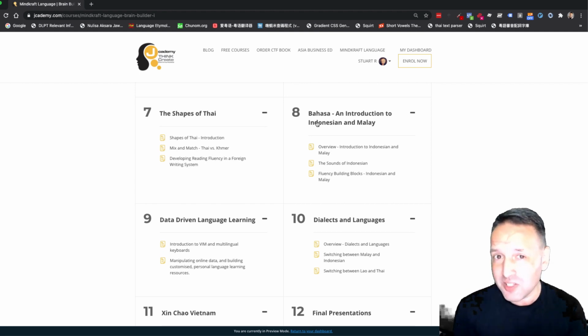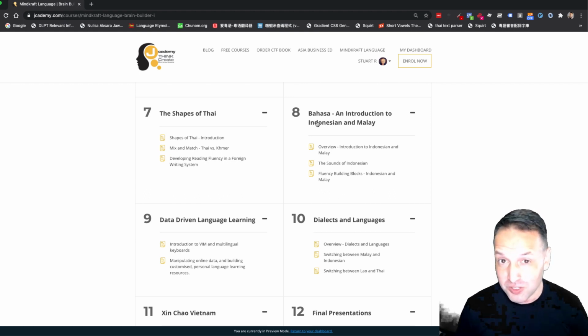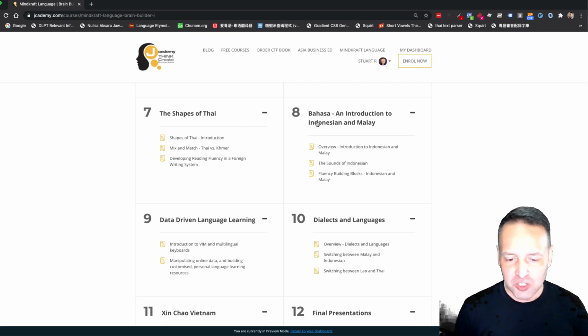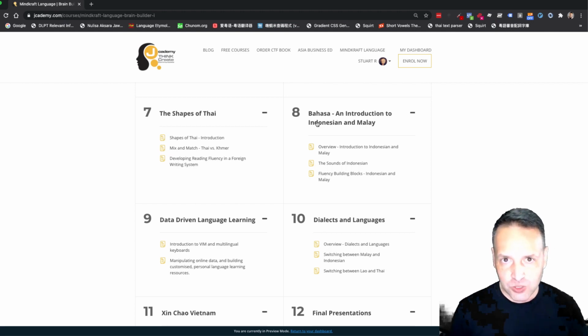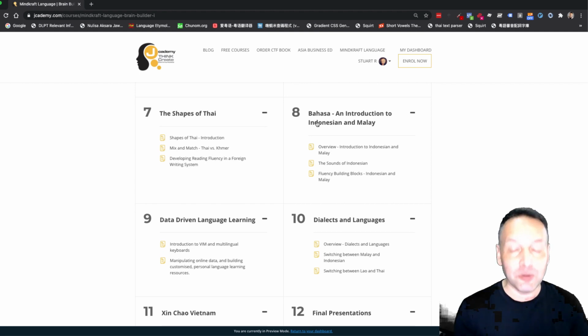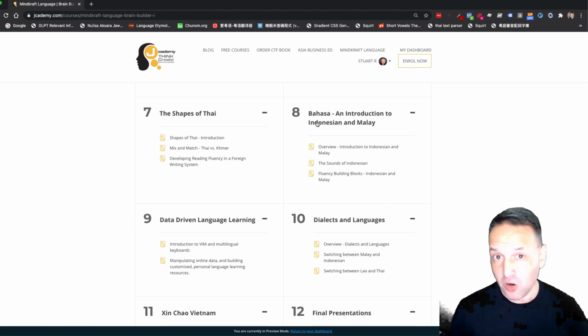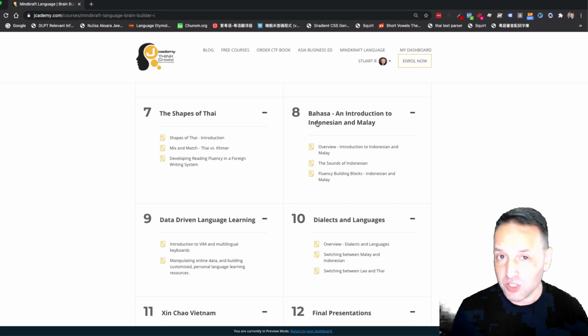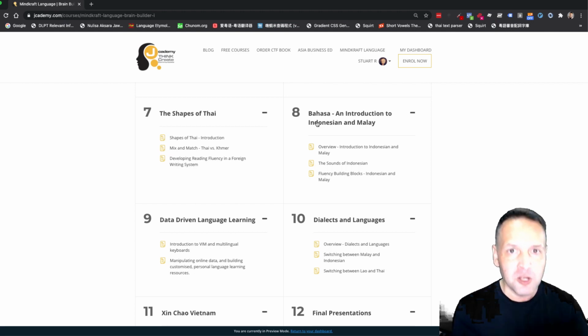I'll hold that as a surprise, but I think you're going to surprise yourself with what you can do with pattern matching and transferring the knowledge from one language across to other languages and other systems that share maybe a common system or at least something in common with one language. And of course, this is going to help you not only with Thai and related languages, but any language that has relative languages, you're going to be able to get leverage from those languages.